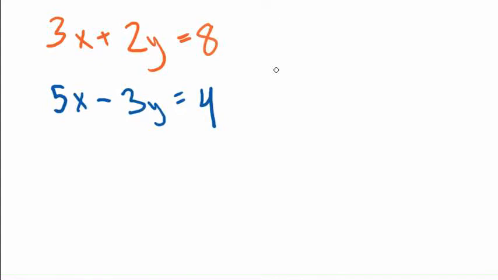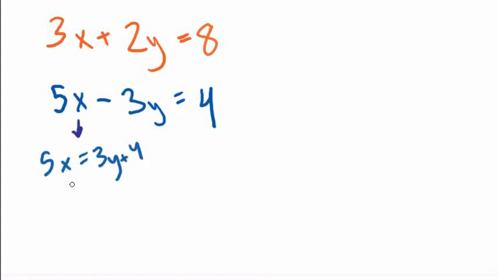So the first method I'm going to demonstrate is called substitution, and you will see why momentarily. So what I'm going to do to start out with is I'm going to take one of my equations, I'm going to take my bottom one and rewrite it to solve for x. Alright, so I'm going to get x all by itself, all by its lonesome.